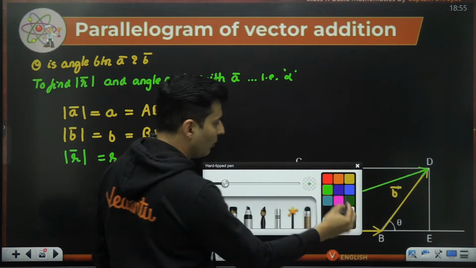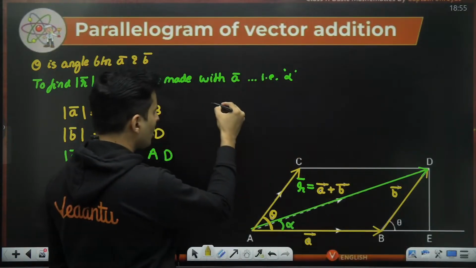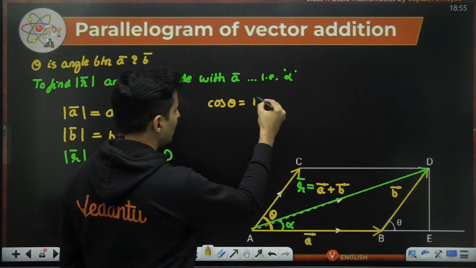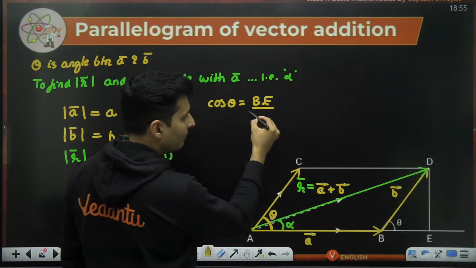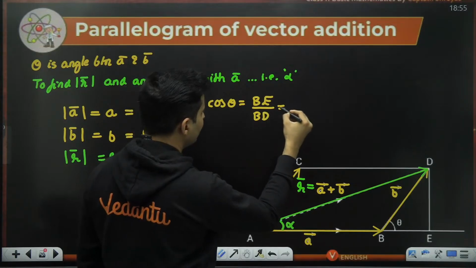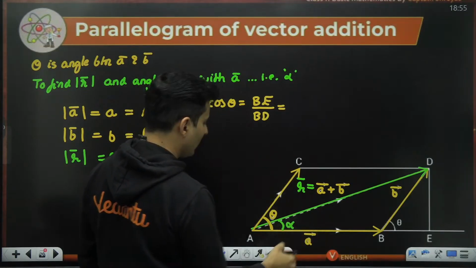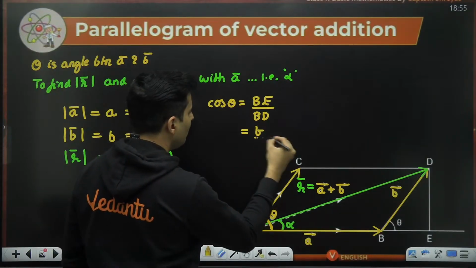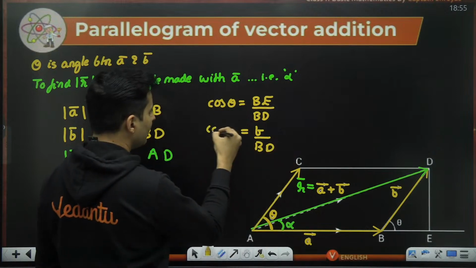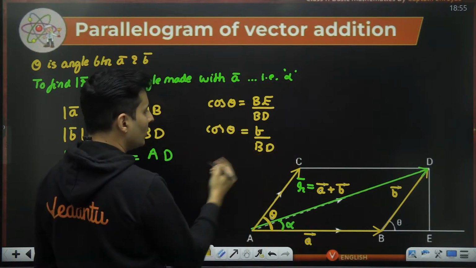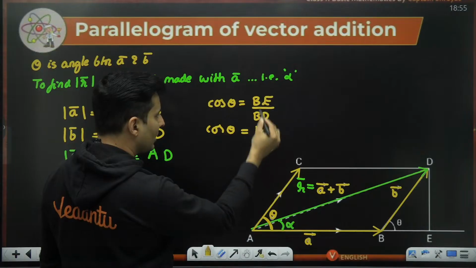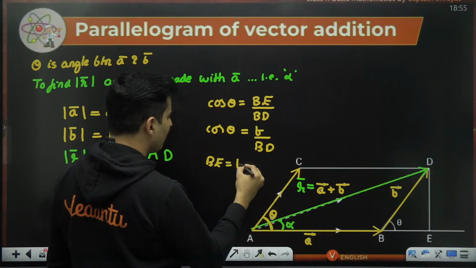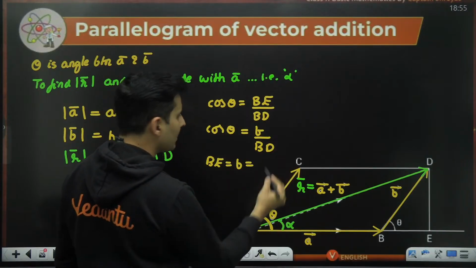Okay. And for that small triangle, as you can see, cos theta will be adjacent by hypotenuse. That means BE by BD, which is BE by B, since BD is B. That is basically your cos theta.